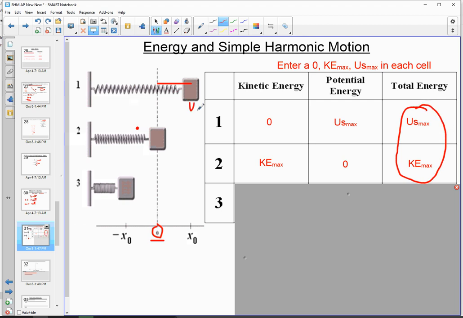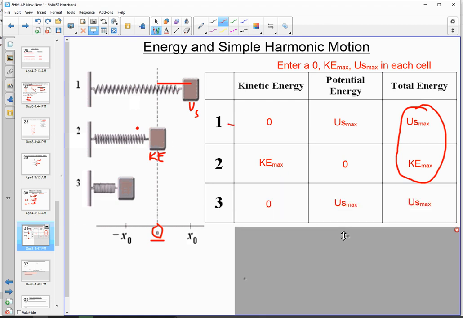The spring potential energy out there to the right will equal, numerically, the kinetic energy at the unstretched position. And then when the spring is coiled up and all the way to the left, we once again have spring potential energy and no kinetic energy, so it should look just like row number 1, and it does. Again, keep in mind that these values are all the same over here on the right due to energy conservation.